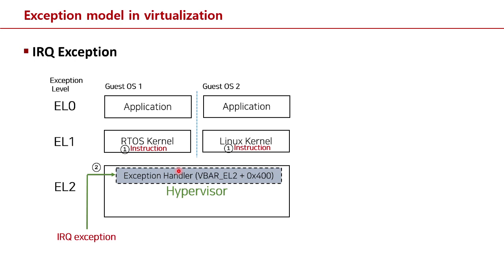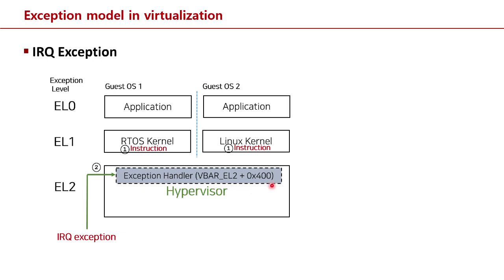So let's take a look at how the interrupt exception, the IRQ exception, can be taken to exception level 2. Let's suppose that the peripheral device triggers an interrupt. In this case, control is taken to exception level 2 instead of exception level 1, and the program counter is branched into this exception vector address.